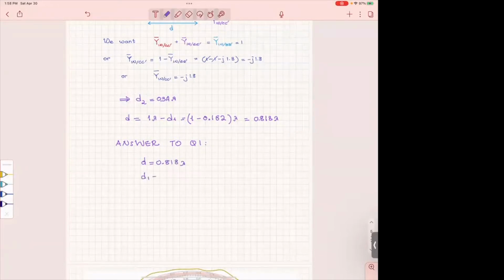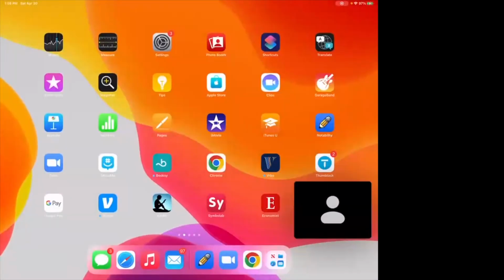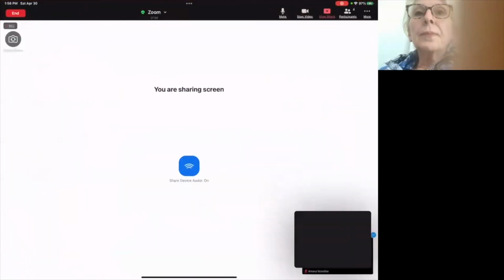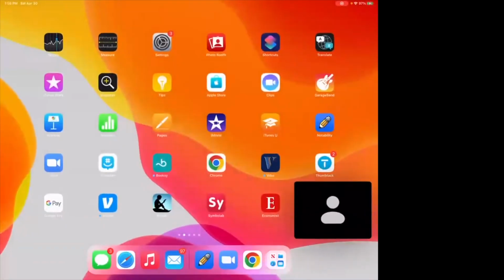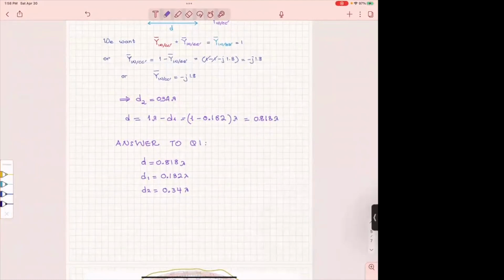D1 is 0.182 lambda. And D2 is 0.34 lambda.